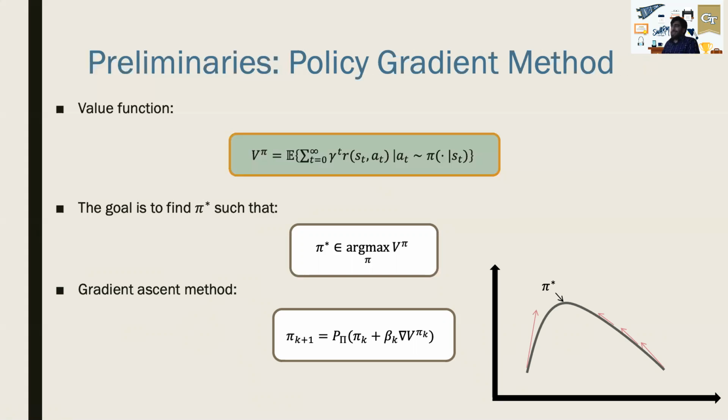In this algorithm, we think of the value function as a function from the policy to some scalar, and we try to move towards the gradient of the function to update the policy. If the value function looks like this concave function and we move towards the gradient, we can hope that after a while we get close to the optimal policy pi star, which is the peak of this curve.